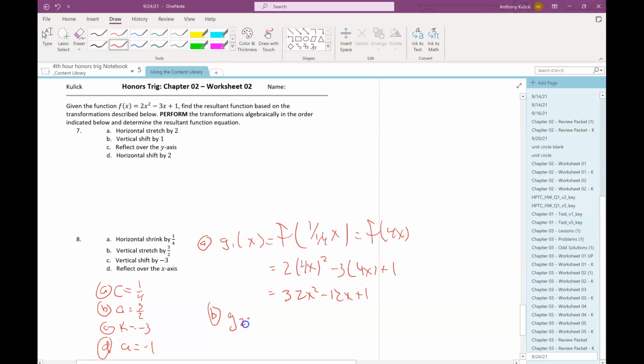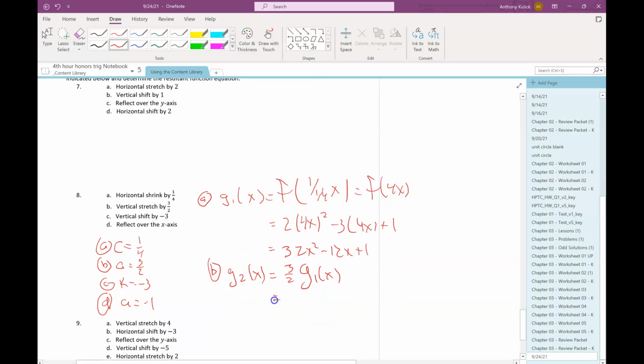So b then is going to be 3 over 2 times that previous answer, so let's see, that's 16 times 3, that's 48, right? Yes. But don't you do it in the right order?